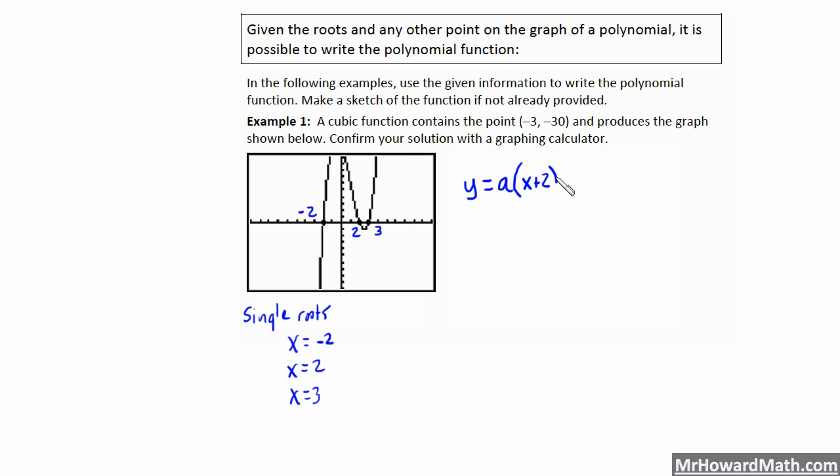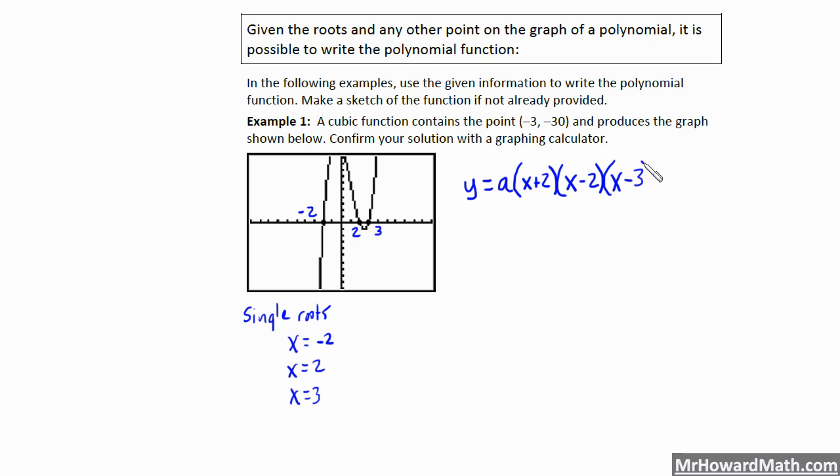Remember, we write these opposite. This is opposite of what the root is, because x plus 2 would have to be equal to 0. You solve that and you get -2. So it's always opposite. So x plus 2 here. This one's at +2, so that would be an x minus 2 factor. And we have a root here at 3, so that would be an x minus 3 factor.